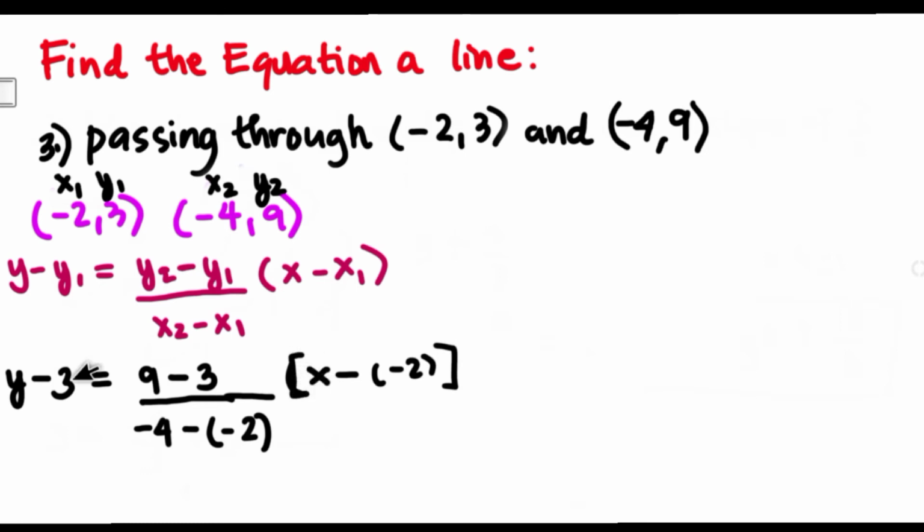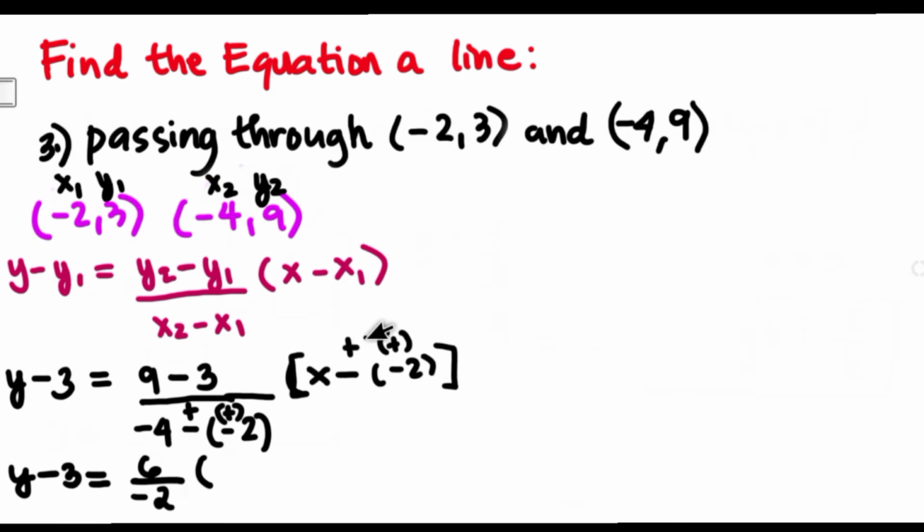Okay, and then y minus 3 is equal to 9 minus 3 is 6 over negative 4 minus negative 2. So, magiging plus, magiging positive. So, negative 4 plus positive 2 is negative 2. Multiplied to x minus negative 2. So, magiging plus, magiging positive.